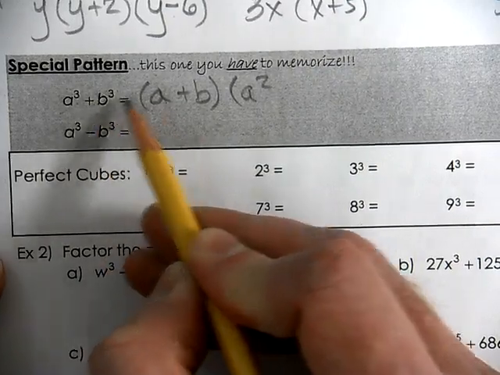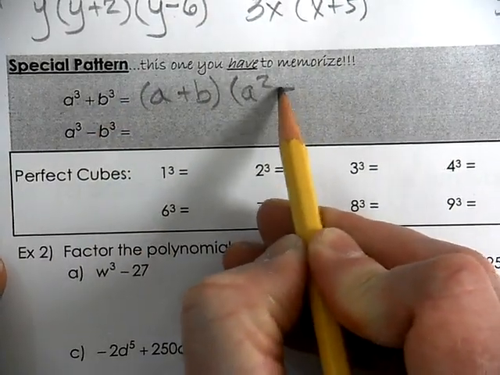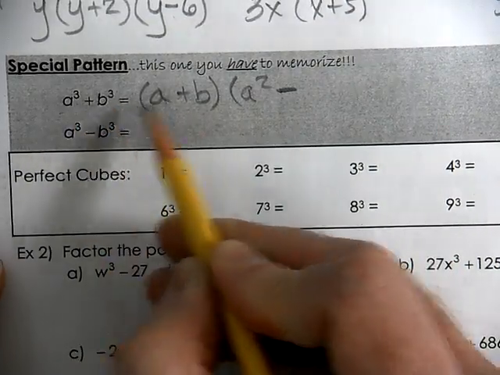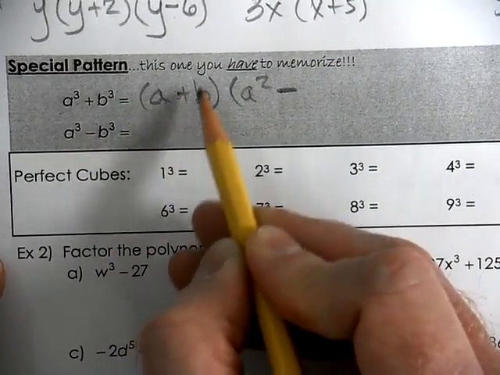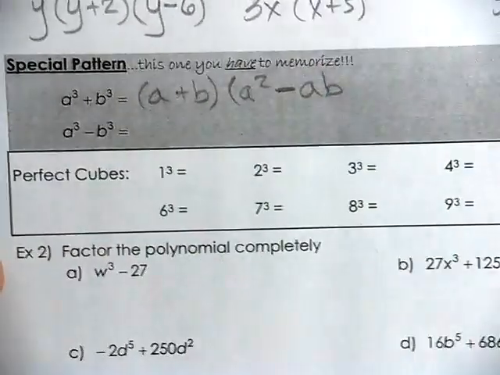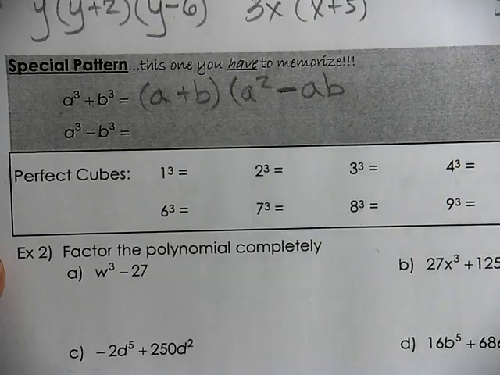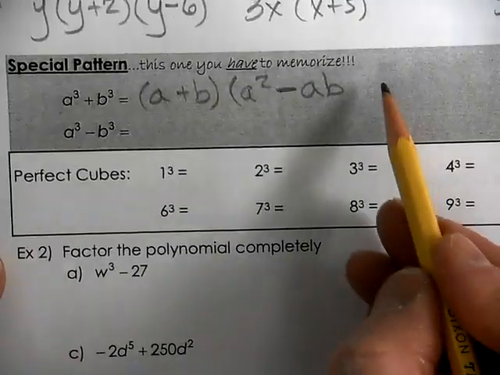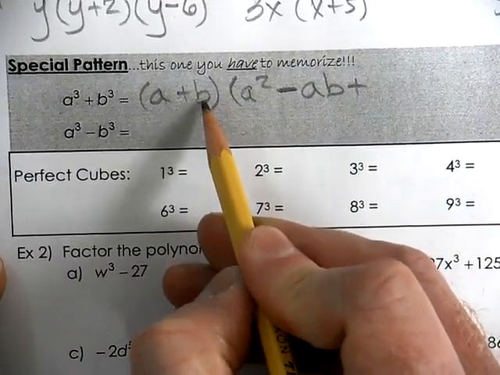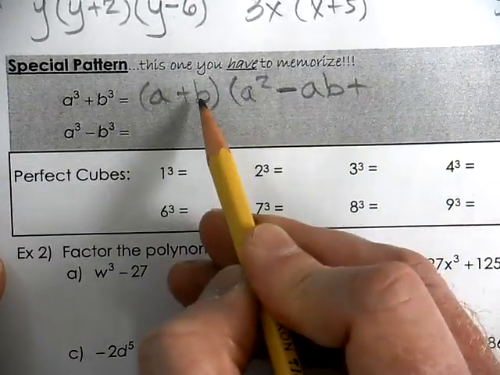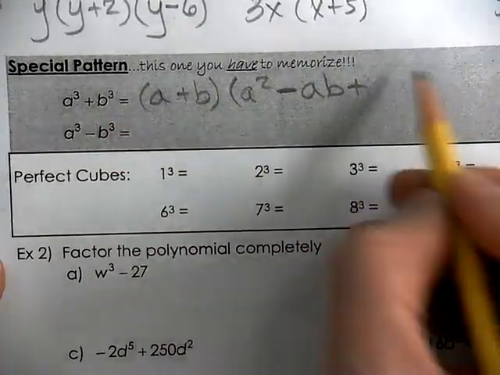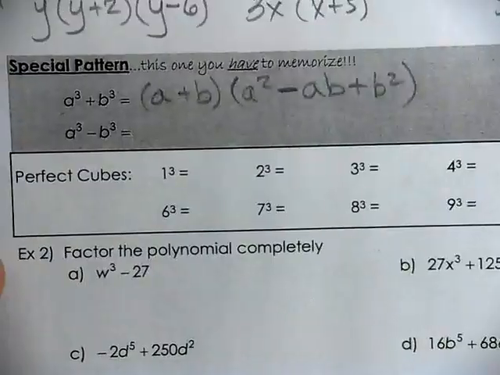We're going to use the opposite sign. We're going to multiply our two terms together, a times b. And then we're going to end it, always being positive, b times b. B times what makes b cubed? B times b squared. There it is.